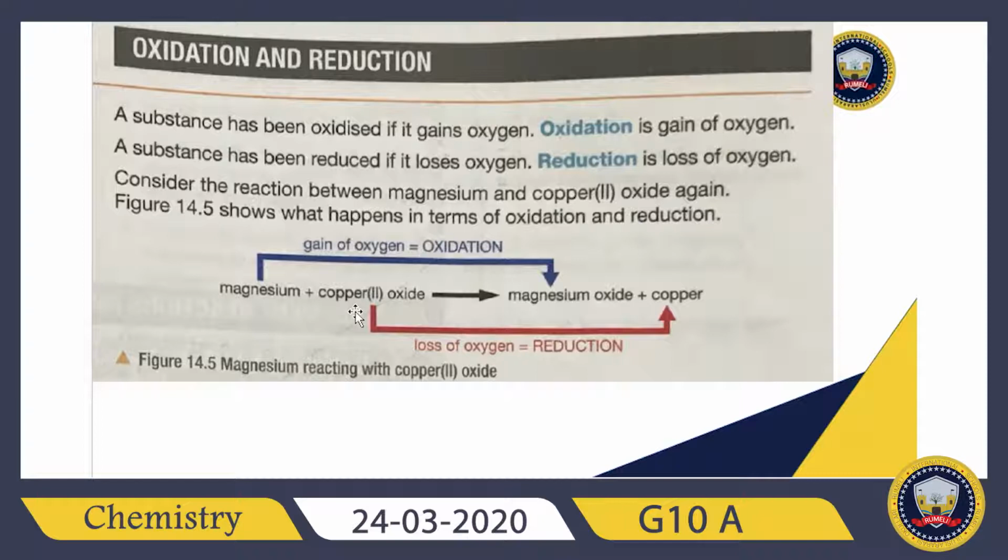It lost, or gave, the oxygen to the other element or compound, so it oxidized it, because oxidation is gaining of oxygen. It gave the magnesium the oxygen and made the magnesium oxidized, so we call it an oxidizing agent.